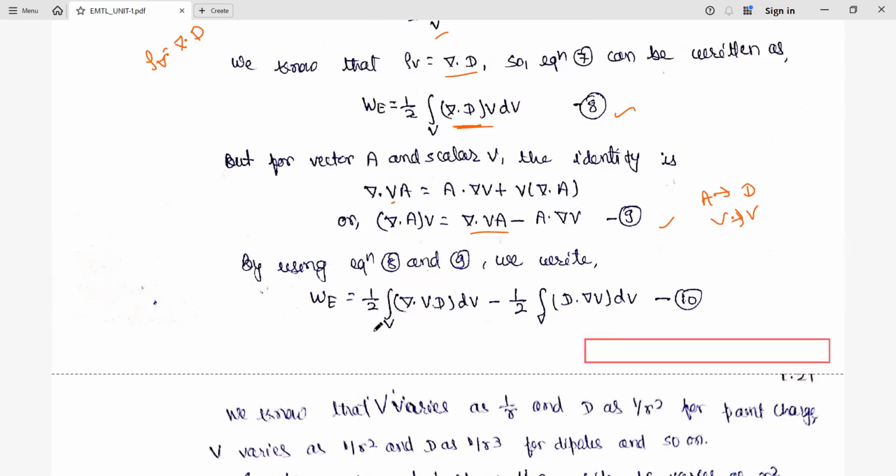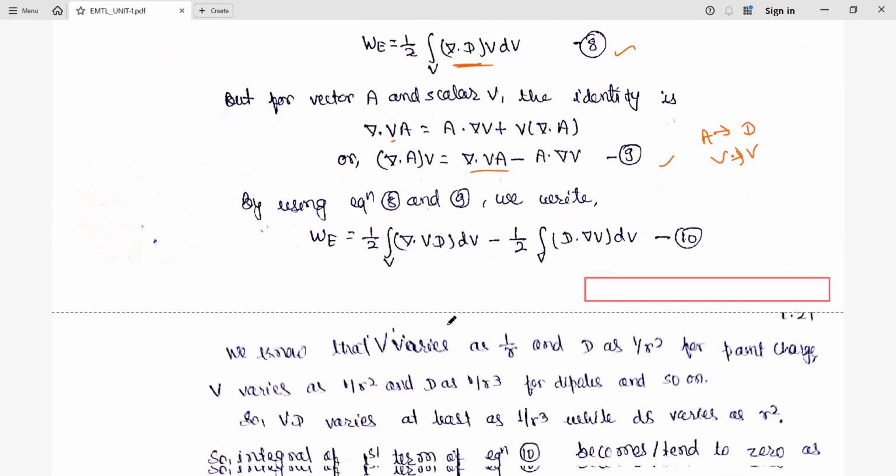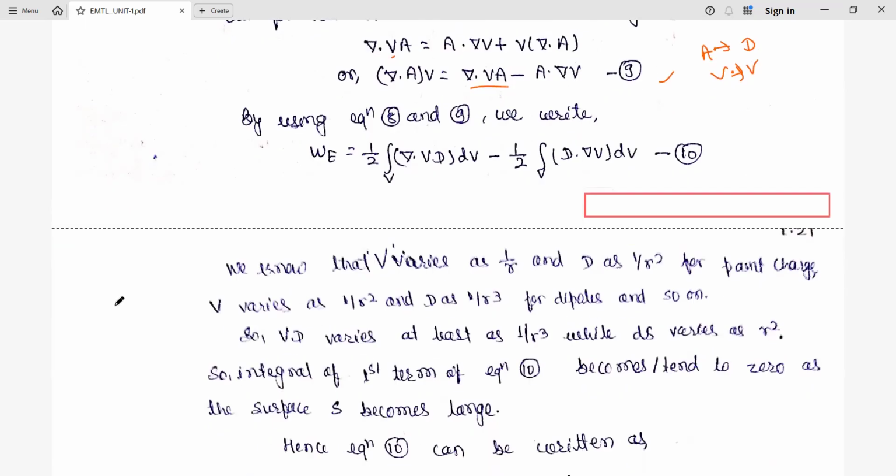So finally, it has 2 parts. One is the first term, another is the second term. Now here, if you see the expression of the potential or the expression of the flux density, flux density is what? That is epsilon naught into E. And what is the value of electric field?